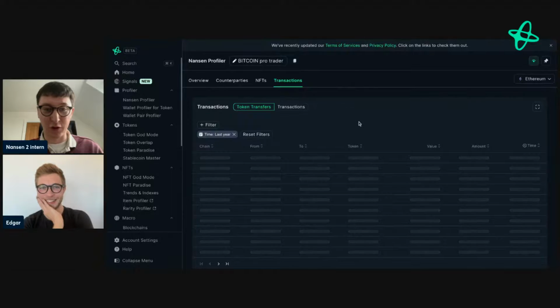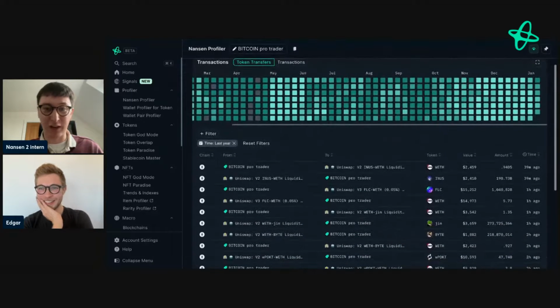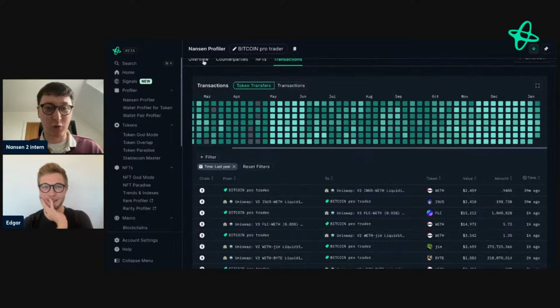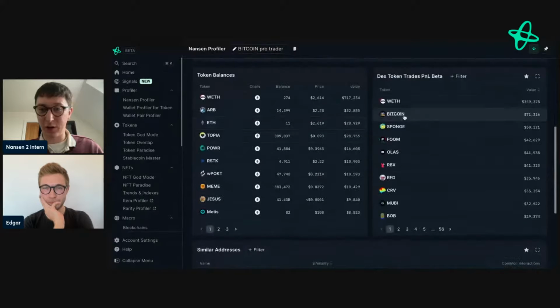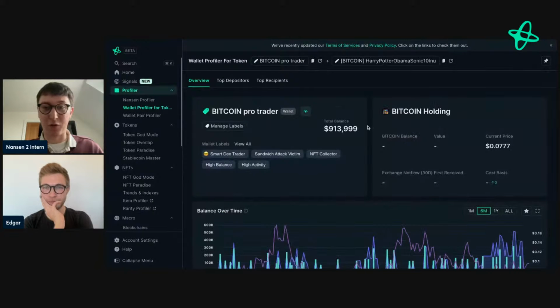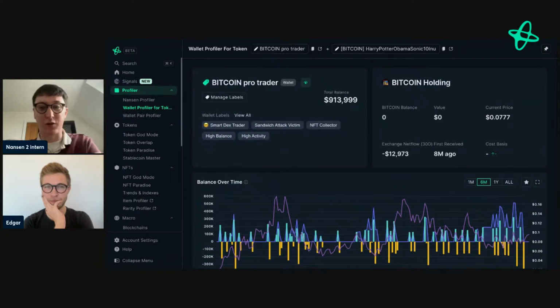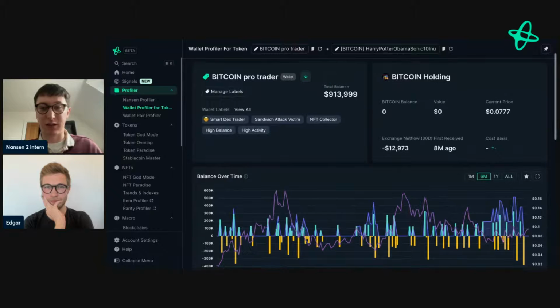We can open up the transactions tab also to see what they are doing right now. You can see so much, and you can see they are consistently playing around on chain, doing loads of things. And I'll show you the Bitcoin, and this is why I've labeled this address specifically for Bitcoin. If we go here, this is the wallet profile for token. So you can see the address and the token that you've highlighted and just see their activity.